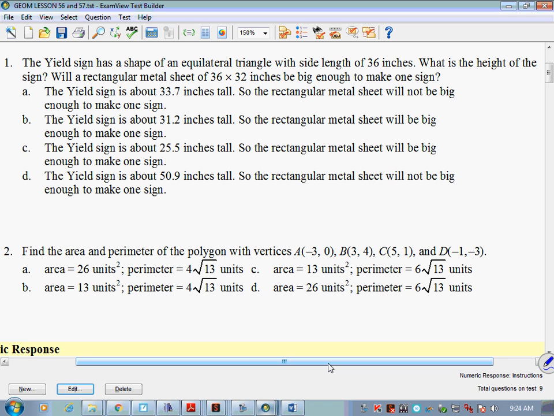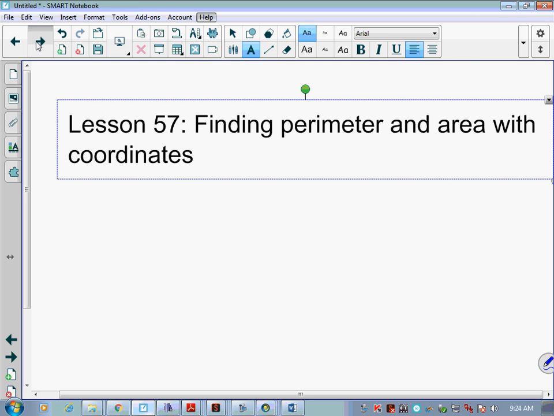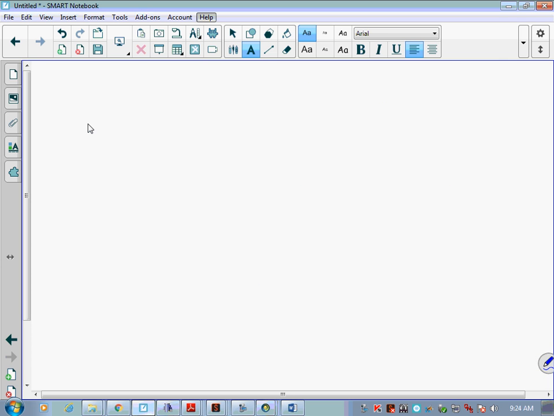Right, because all triangles have 180 degrees, and if all angles are the same, then we take 180 divided by 3. So all angles of every equilateral triangle are 60 on the inside. So I'm going to have you hold on to that information. We're going to move over here to a blank page so that we can see this drawn out. We want to draw a yield sign.